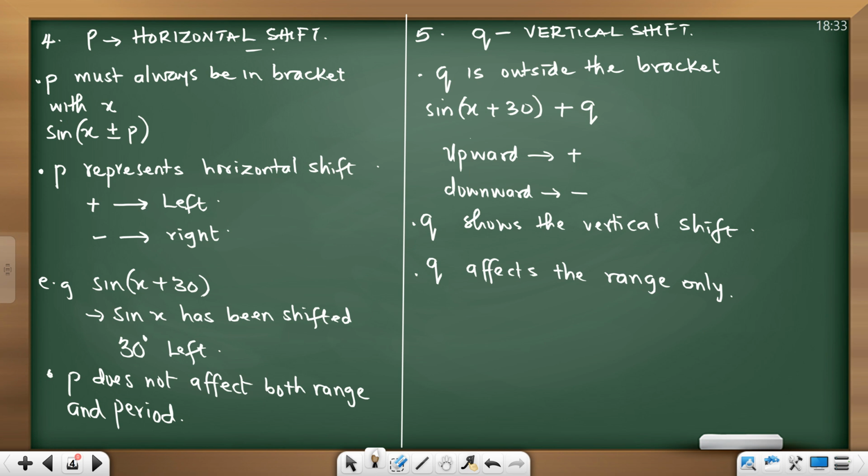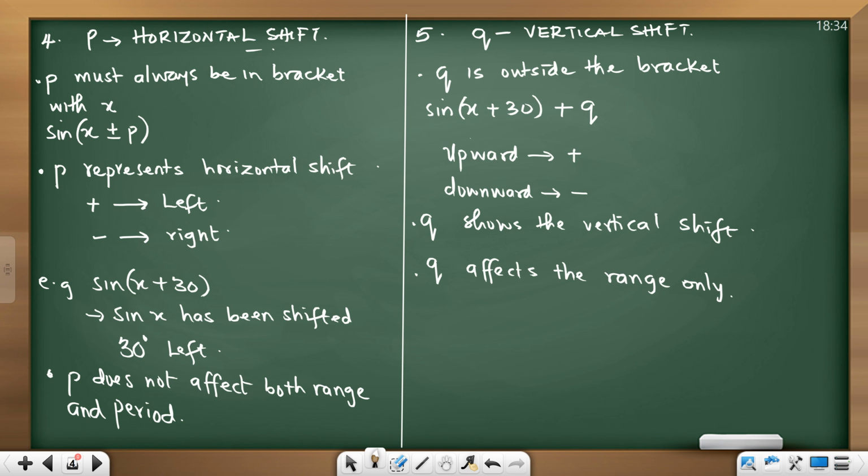Please, I'd like us to remember these variables. If you remember the variables, we're going to be very fast when it comes to answering questions. We spoke about 5 of them. Started with A. What is A? Amplitude. Amplitude is always positive. Top minus bottom divided by 2. We spoke about B, the number, which affects what? Period.